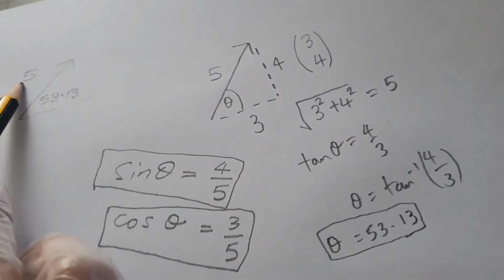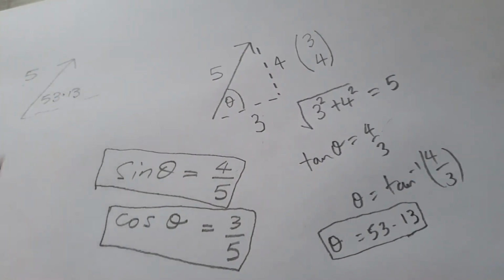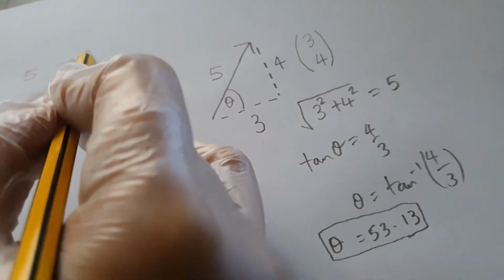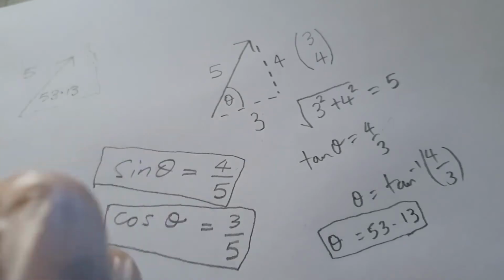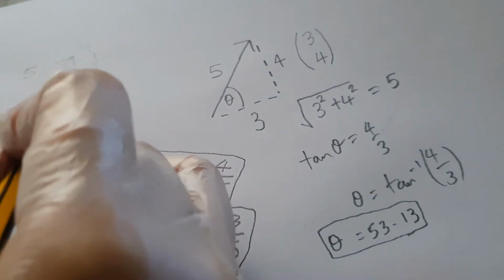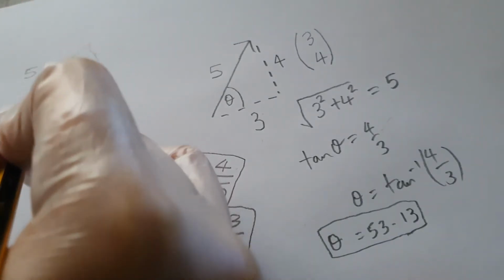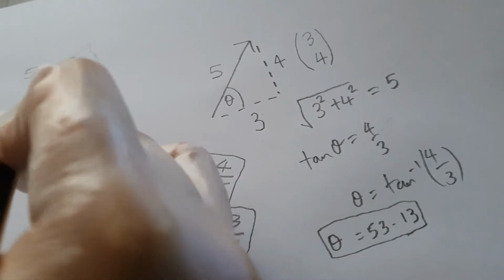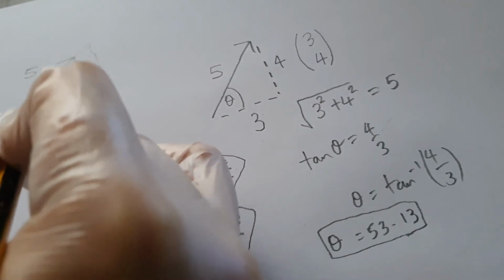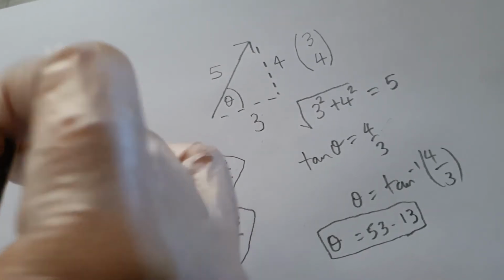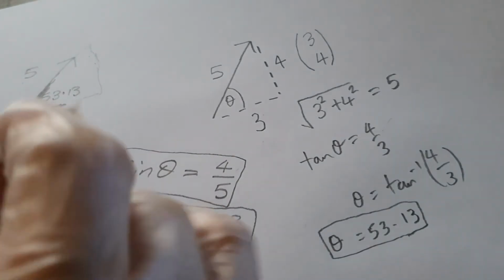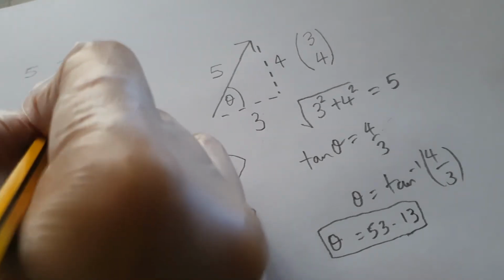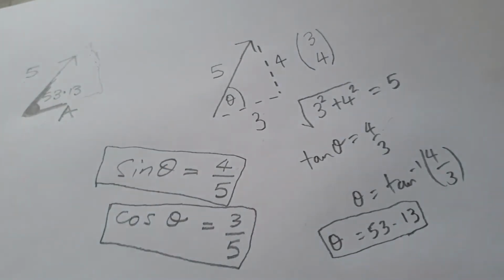So here we have 5, here we have 53.13 degrees, and we want to calculate the horizontal and the vertical component. In this case, to work out the horizontal, you would need this length and this length and this angle here, and that is cos. So cos of 53.13 would be this length, which is the adjacent, divided by 5.